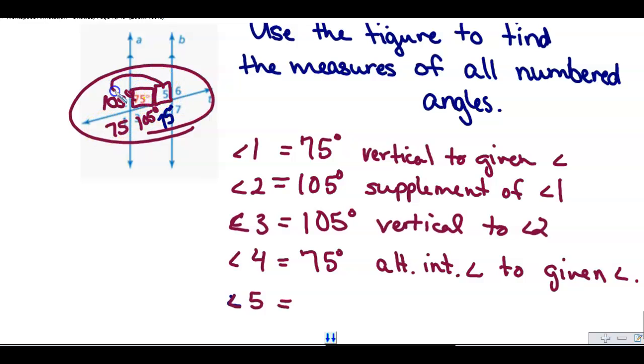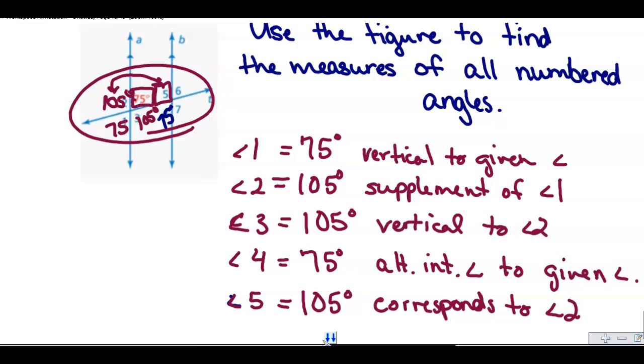Angle 5 and angle 2 have a relationship. And that relationship is they are corresponding. Corresponding angles are congruent. So angle 5 has to be 105 degrees. Why? It corresponds to angle 2. Okay. And then we keep going.